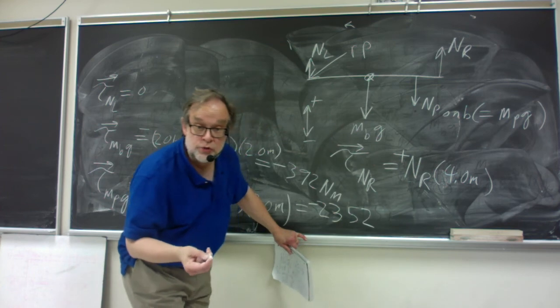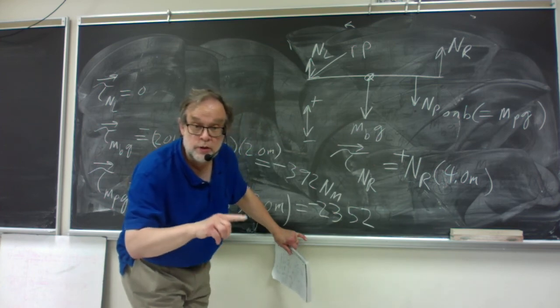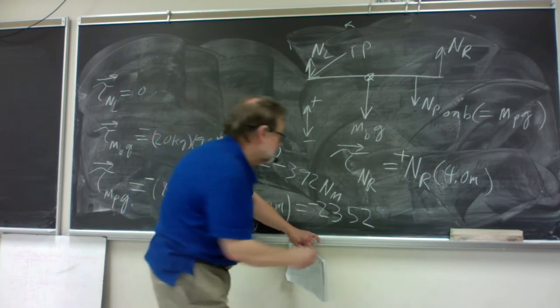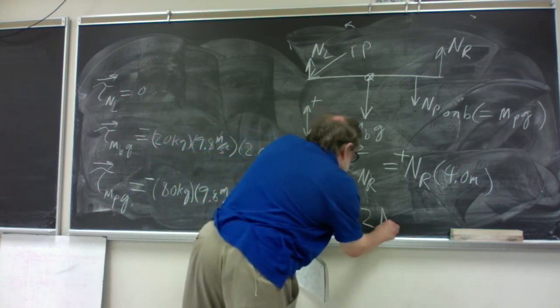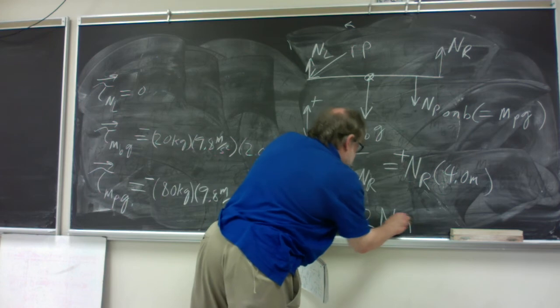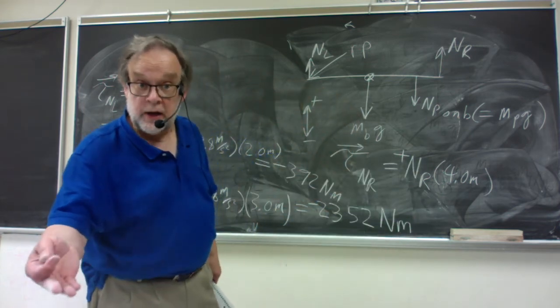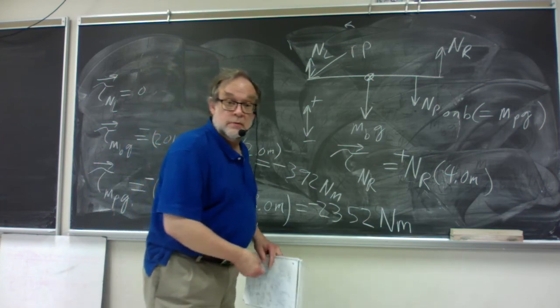Same thing, minus 2,352 newton meters, because it's a force times a distance. And then that, we don't know what NR is. We're trying to find NR, so we just leave it like that.